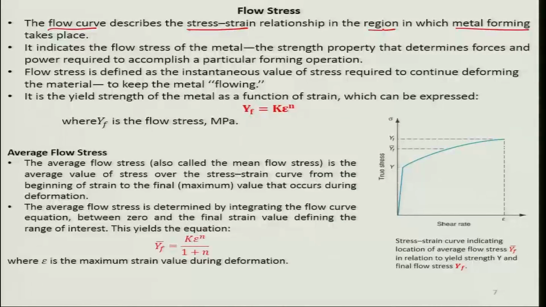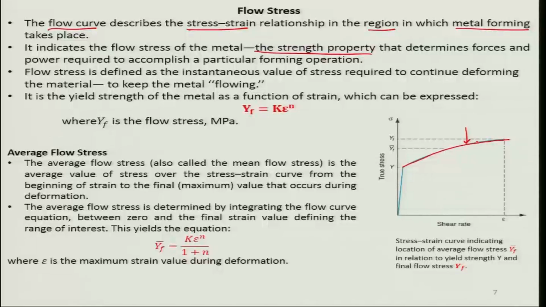So we are all concerned with the functional relationship of the flow stress along the curve indicated here, after the elastic limit has been exceeded. Basically it indicates the strength property that determines the forces and the power required to accomplish a particular forming operation.